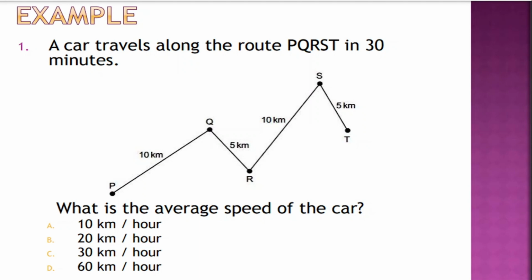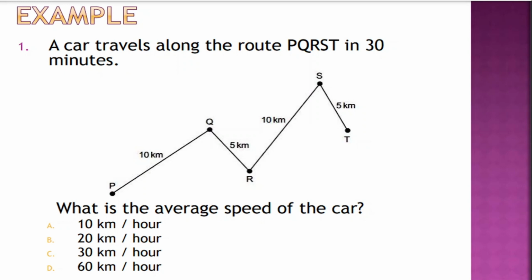And you can see here the options given to us are all in kilometer per hour. So what do we have to do to find the right option? First of all, we will convert the time taken from minutes to hours, because in all the options given below the average speed is given in kilometer per hour. So we must change the time from minutes to hours.